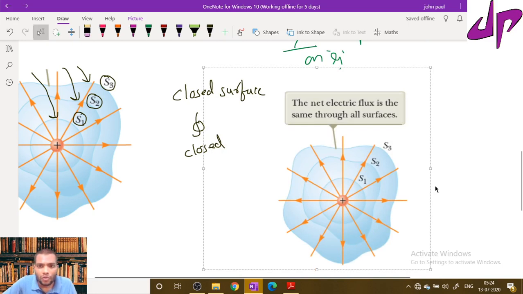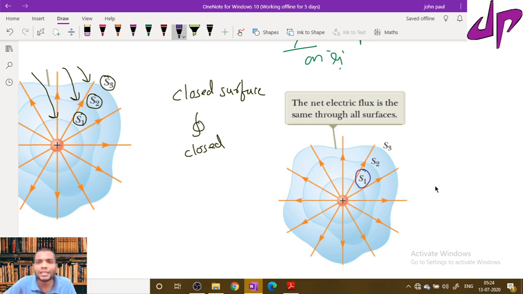So if you know how to integrate these three different surfaces, surface S1, since it is symmetric, we have the formula and can easily apply it. But surface S2, we need to work it out because it is an irregular shape, integration will be a little difficult.